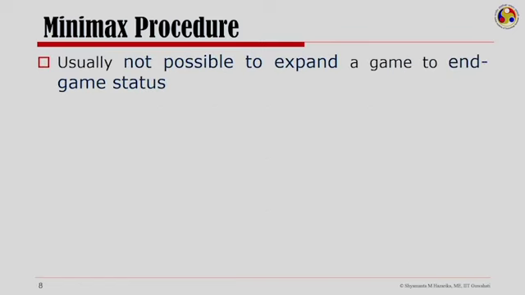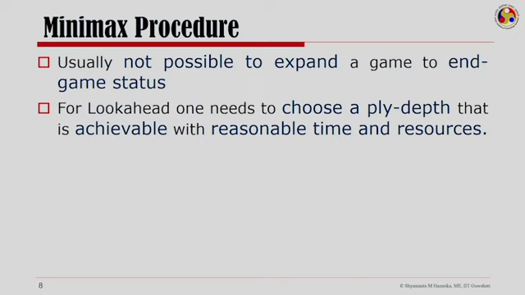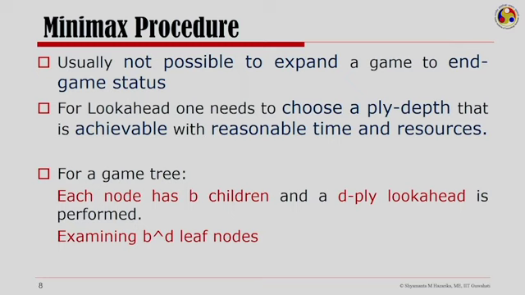As already pointed out, it's not possible to expand a game to the end game status. For look ahead, one needs to choose therefore a ply depth that is achievable with reasonable time and resource. Now we need to decide how much depth we will go when we are searching for the best first move. This is because of the following reason.